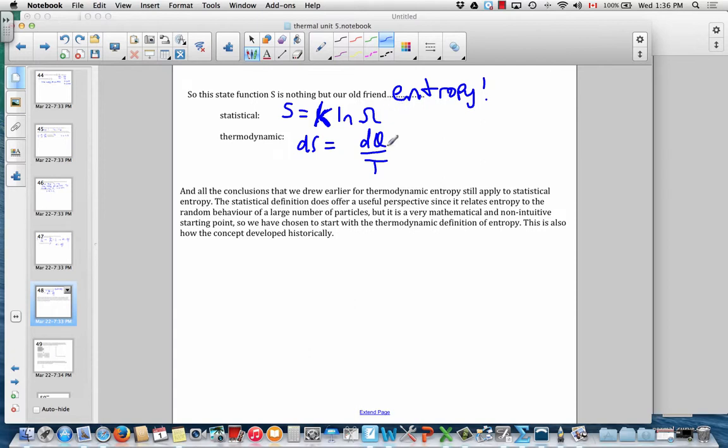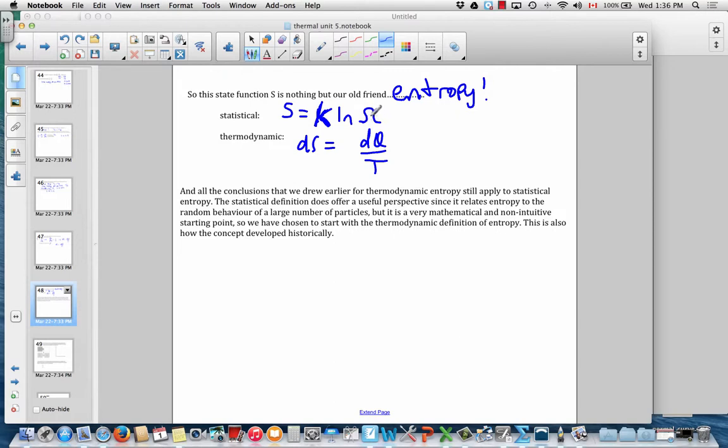I've shown in one limited case that they're equivalent, but it turns out in all cases that they are. Now, this definition of the S function in terms of statistics is really useful because suddenly it relates this abstract concept of entropy to something fundamental, a microscopic property of the system.